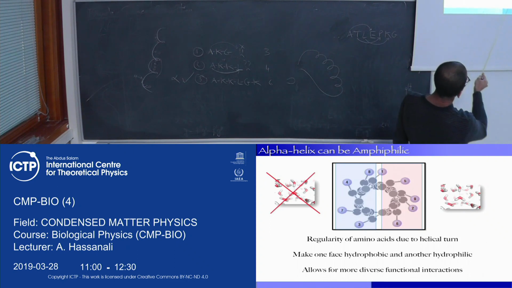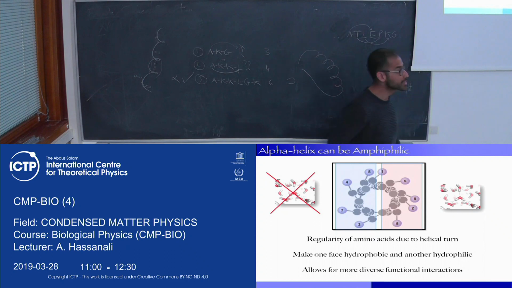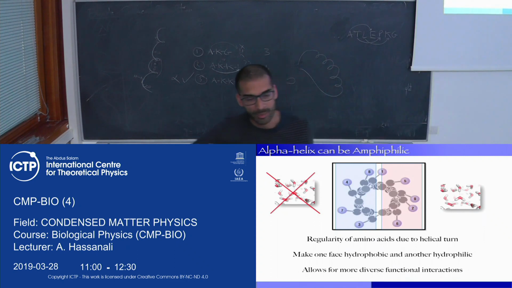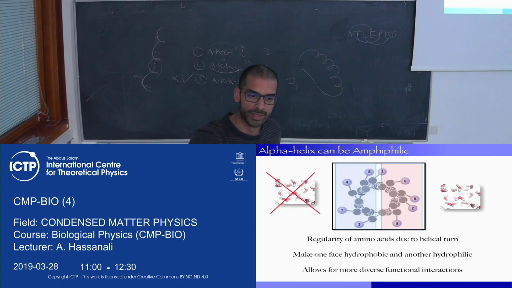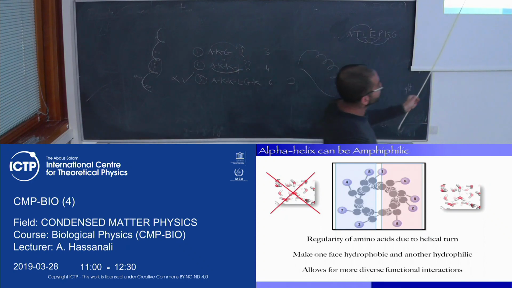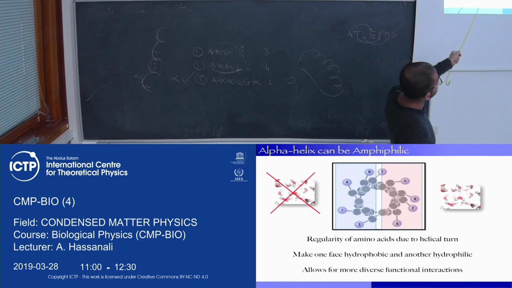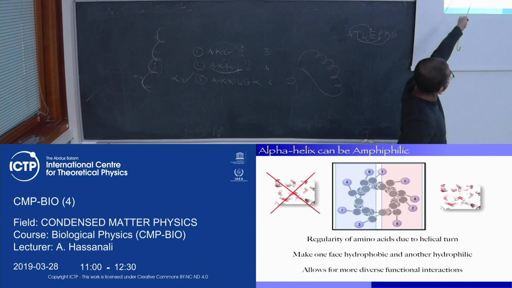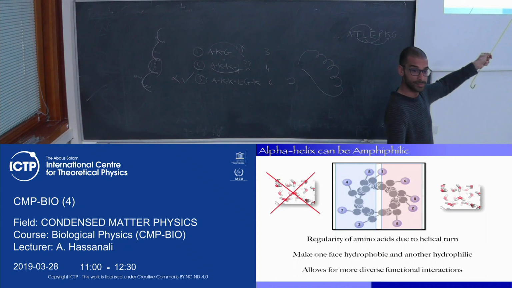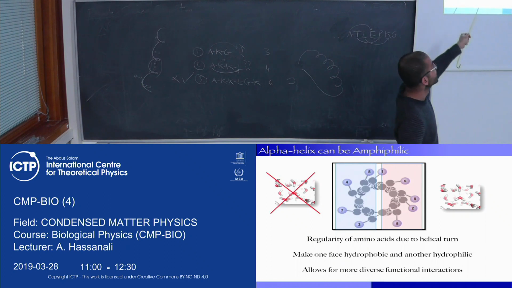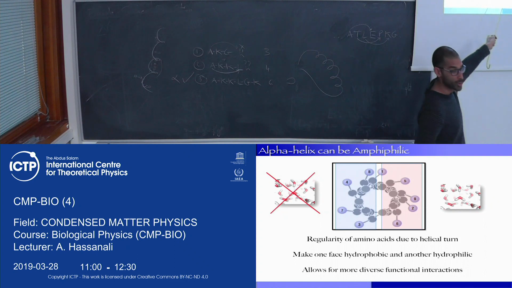And what is often used for alpha helices is that they can be amphiphilic. What does that mean? They can stabilize polar interactions and non-polar interactions. So on this side, for example, the side chains may be non-polar, and on this side, they may be polar.